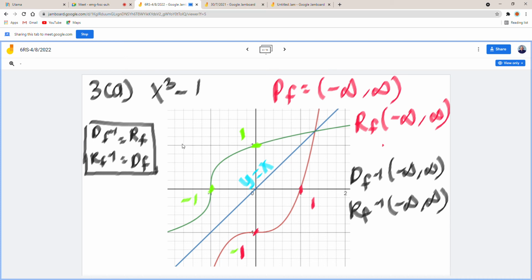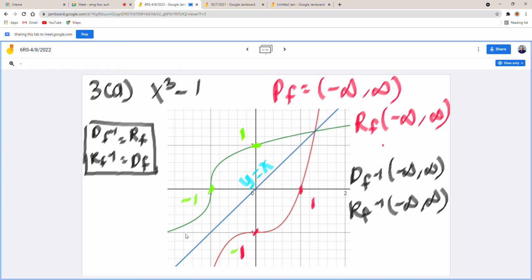If you do the vertical horizontal line test, it only shows one intersection. So it's an inverse graph, so you have to sketch the inverse graph. If you want to sketch an inverse graph, draw the mirror y equals x. The blue line is the mirror. And in this graph you reflect that. So the green color is the f inverse graph.